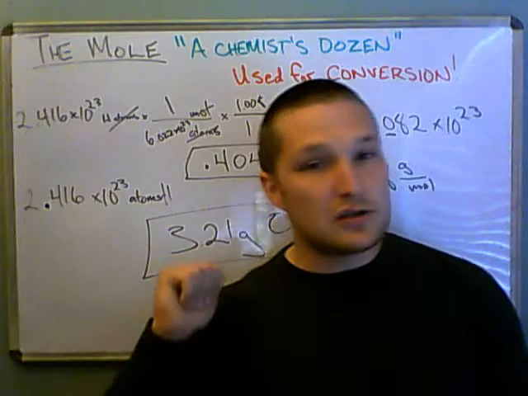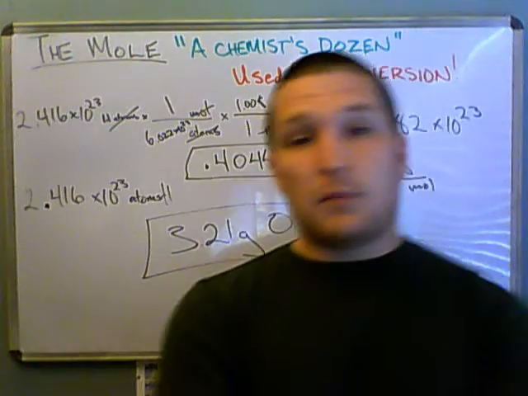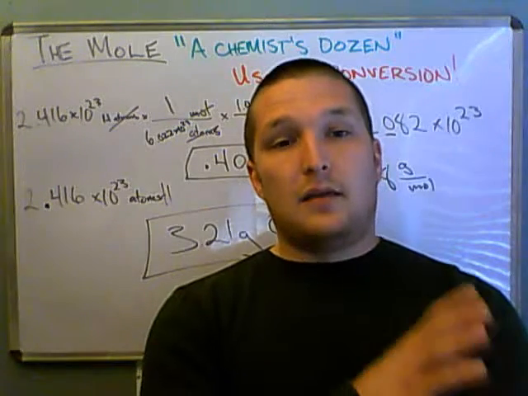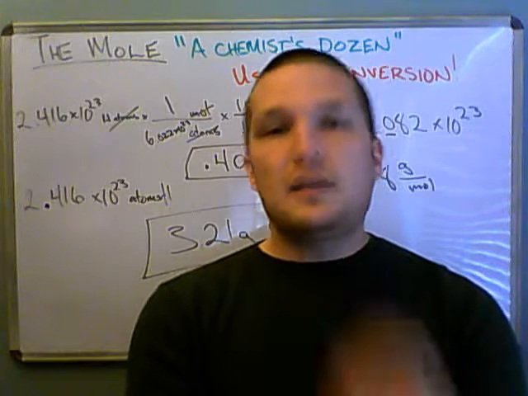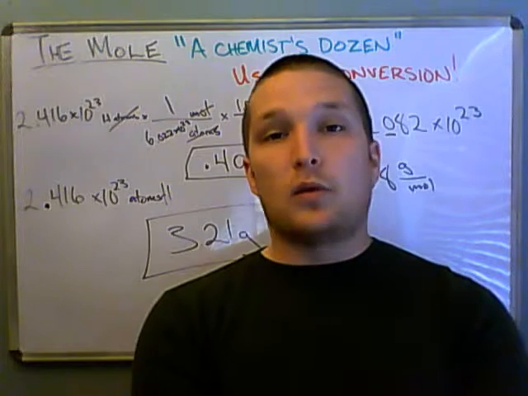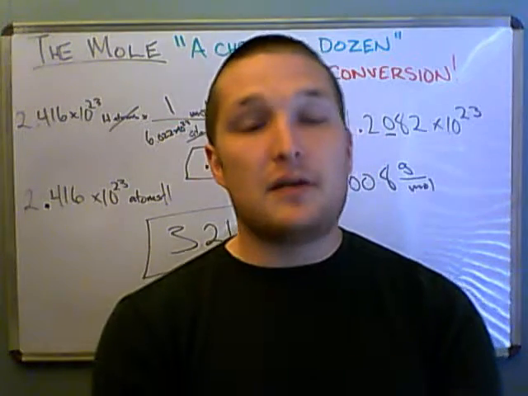Now I just kind of rushed through this, and if you're having trouble understanding the mole, then just think about it as a number, and then go through the stoichiometry videos, and you should get a better idea the more you work with it. As with everything in chemistry, the more time you put into it, the better you're going to understand it.